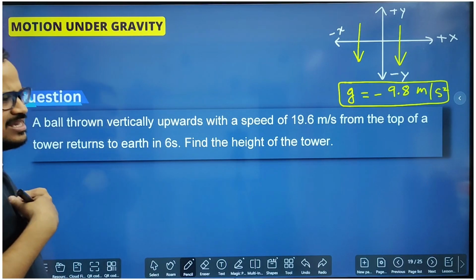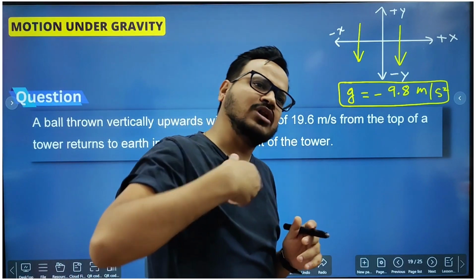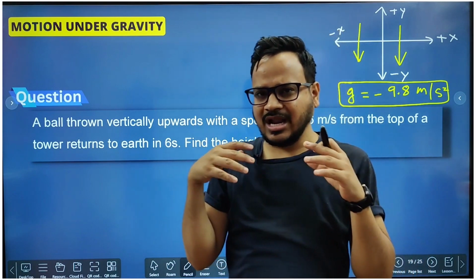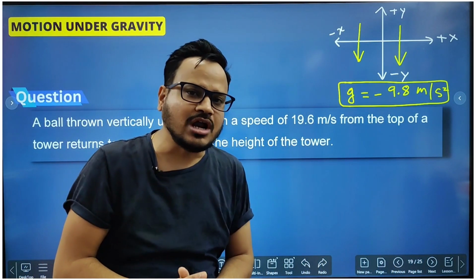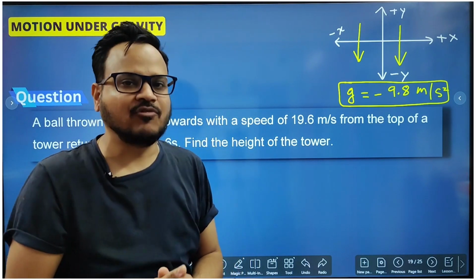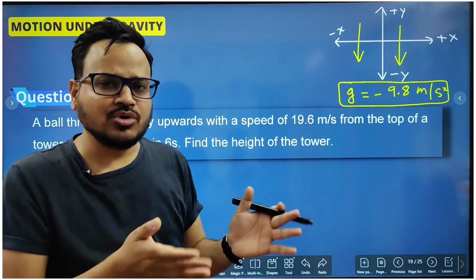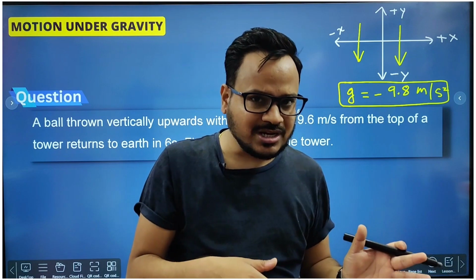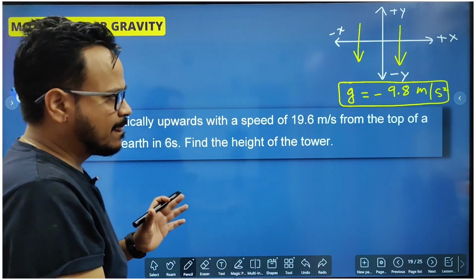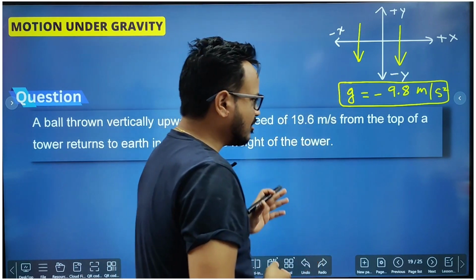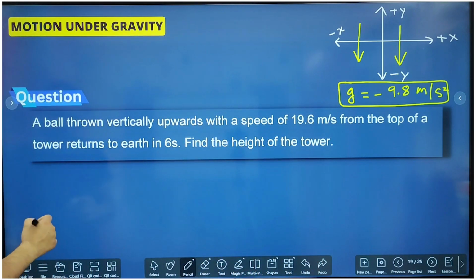If the question is easy, the body is going only in one direction, then we can avoid sign conventions and we can take g as positive when the body is going downwards and negative when the body is going upwards, like you used to do in class 9. But if the question is such that the body is changing directions, then we will use these sign conventions. For example, let's take this question.